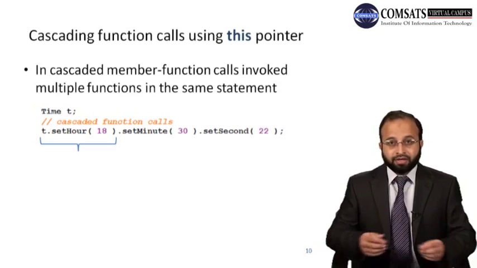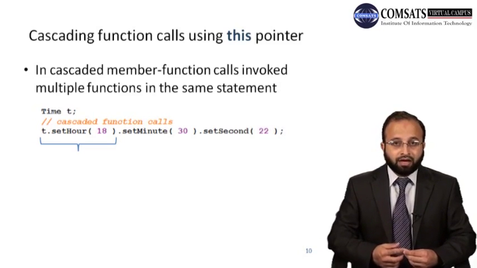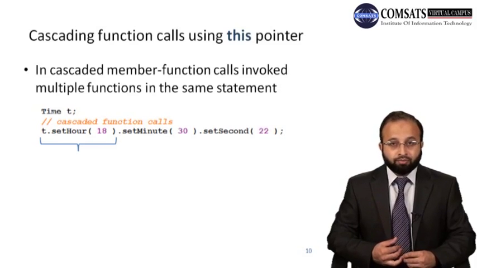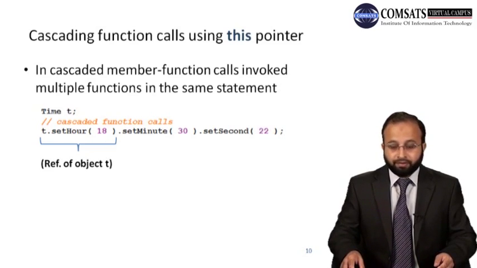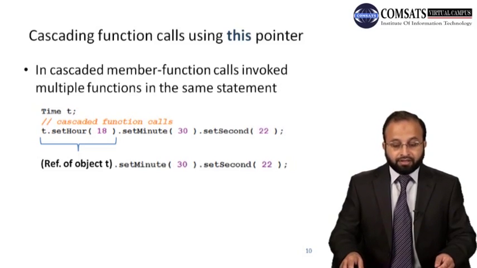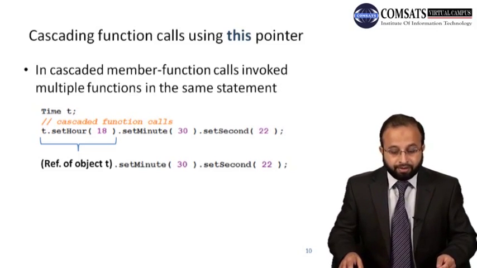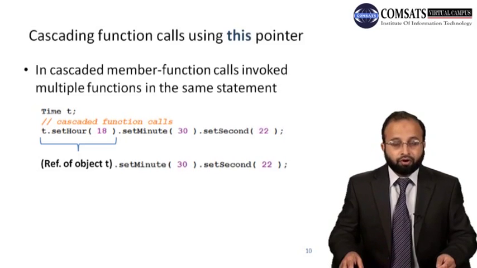The object t has 3 private data members, these are hour, minute and second. So setHour will set the hours of object t, and then it will return the reference of object t. Now using that reference, the other function is called, that is setMinute. setMinute is called with the reference of the object t, so it will set the minute of object t.